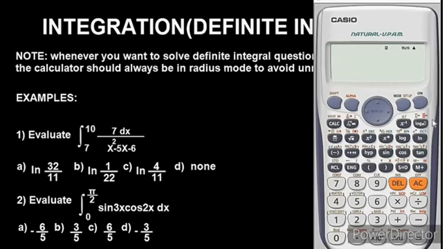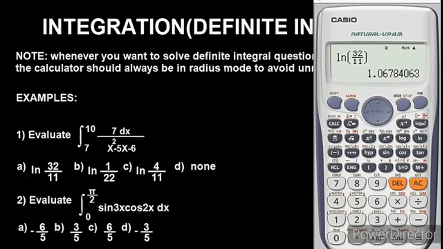So we look at the fraction button. We have 32 over 11. We close the brackets. 1.0678.